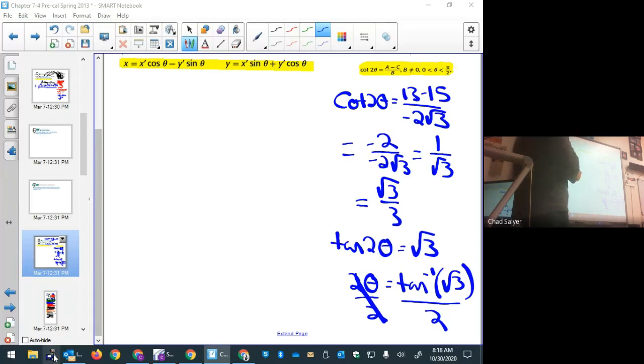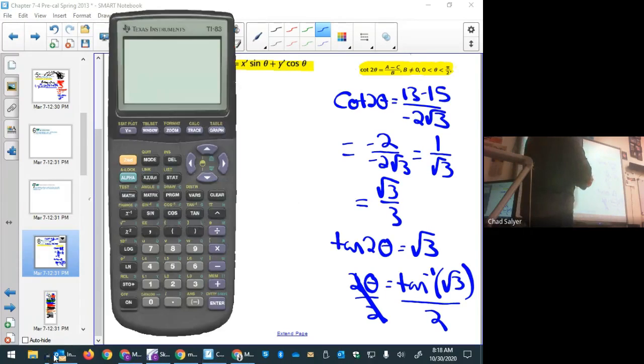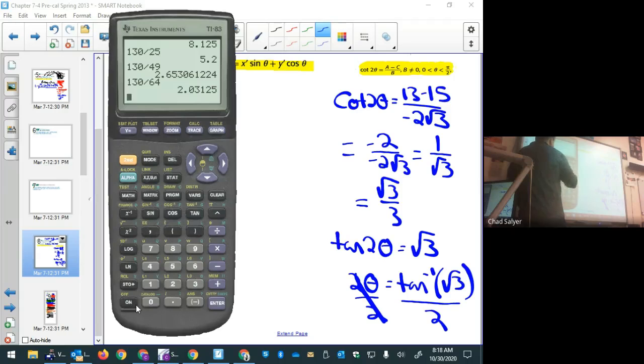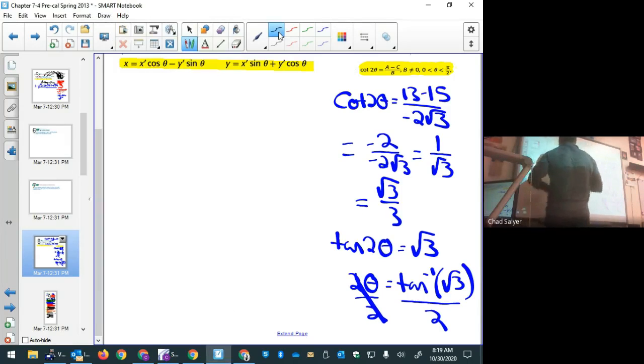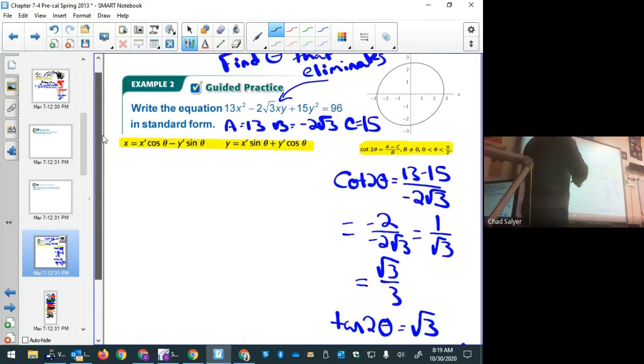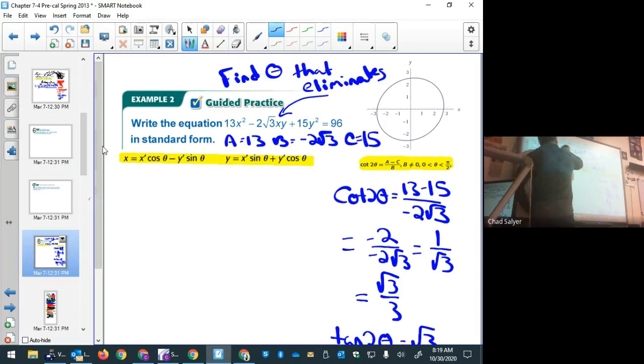Tangent inverse of the square root of 3 divided by 2. So let's see what we get. Tangent inverse of the square root of 3, and then divide that by 2, and I get pi over 6 or 30 degrees. So the theta that's going to make this happen is theta equals pi over 6.